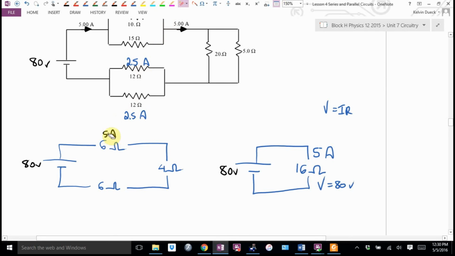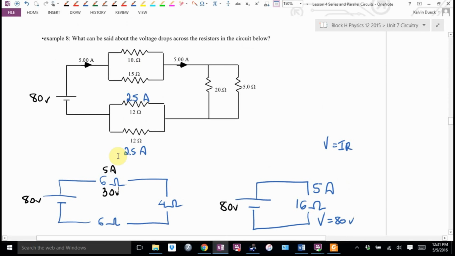I times R? 30. Ready? How many volts do I lose here? 30. How many volts do I lose here? 30. Because each of those hills must be the same height as their mathematically equivalent.